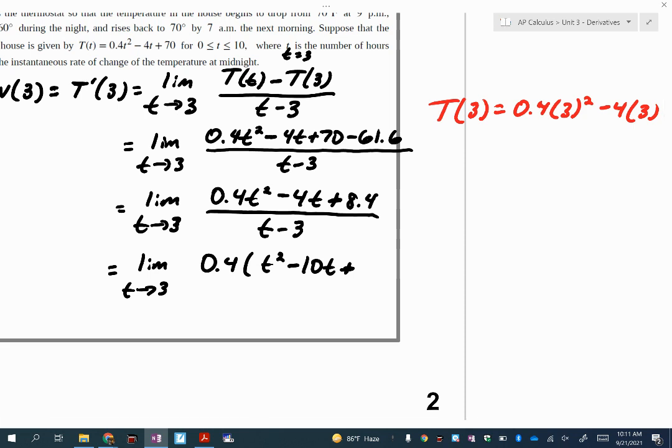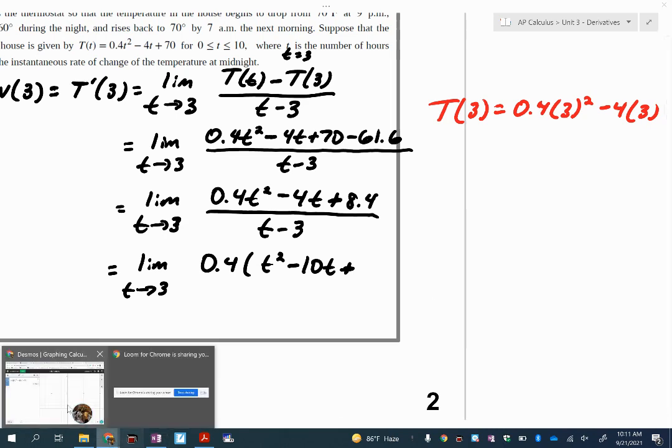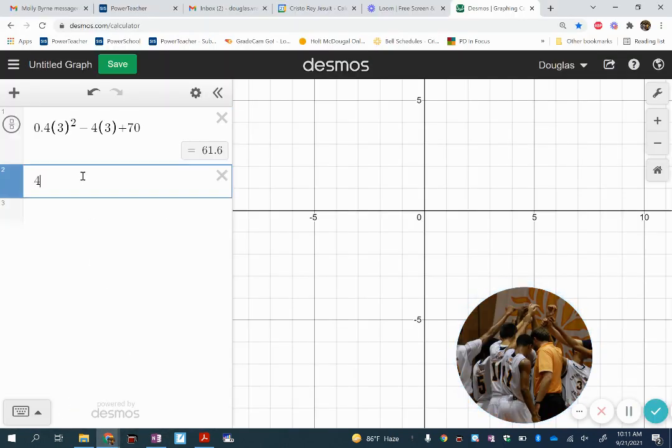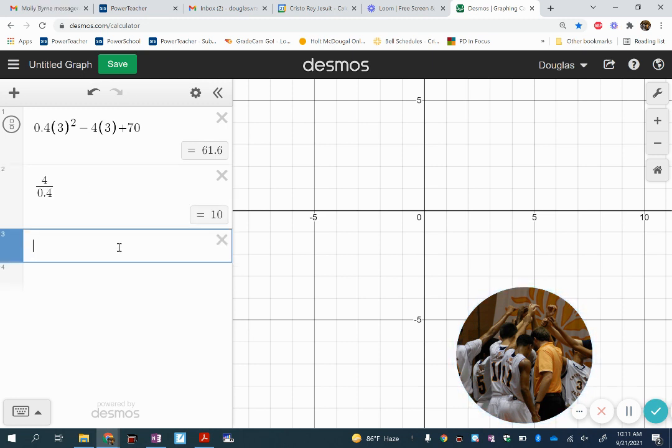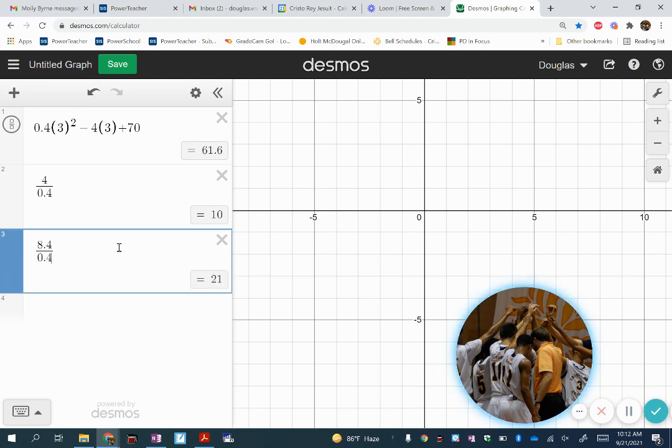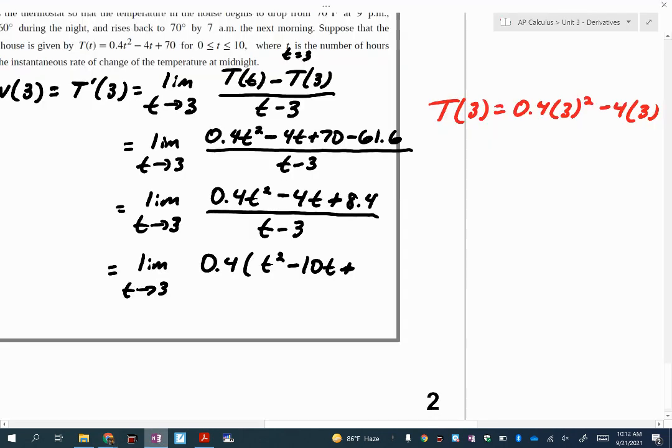Let me confirm. I'll show you the 4 as well. So if I do factor out the 0.4, 4 divided by 0.4 is 10. And then 8.4 divided by 0.4, you get 21. There you go. So you actually are able to factor, and once you do that, you get plus 21.